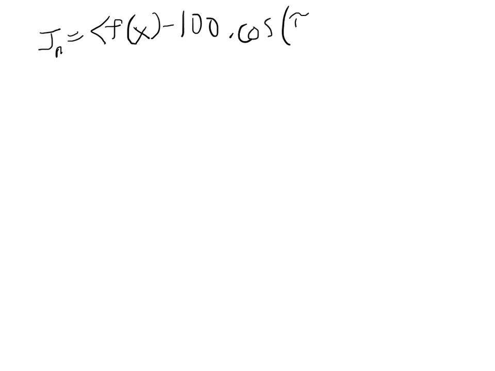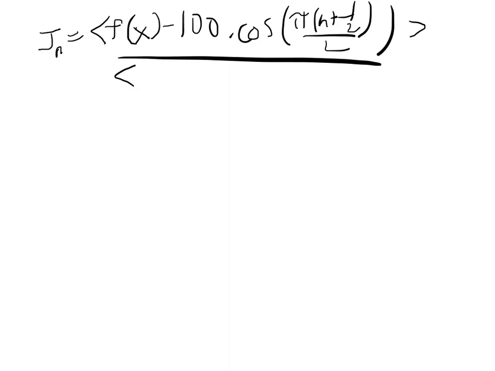Now if we use the definition of the inner product, we know that Jn should equal the inner product of f of x minus 100 with the base cos (pi (n plus 1/2) over L) x, and that whole thing divided by the inner product of the cos with the cos. However, we can do some simplification here.